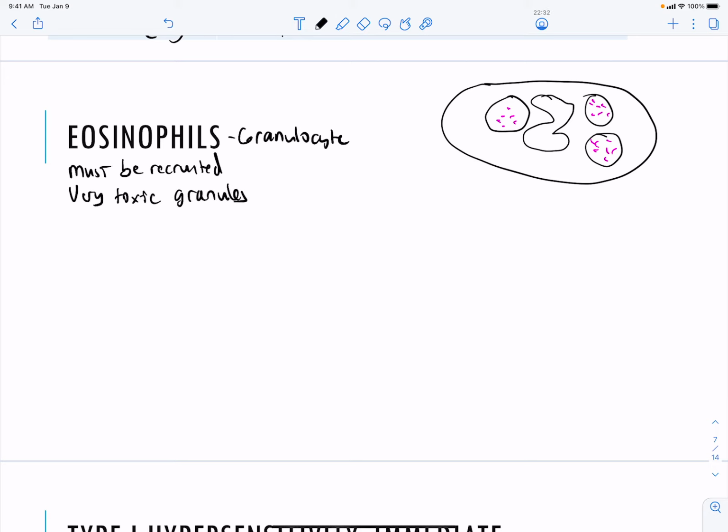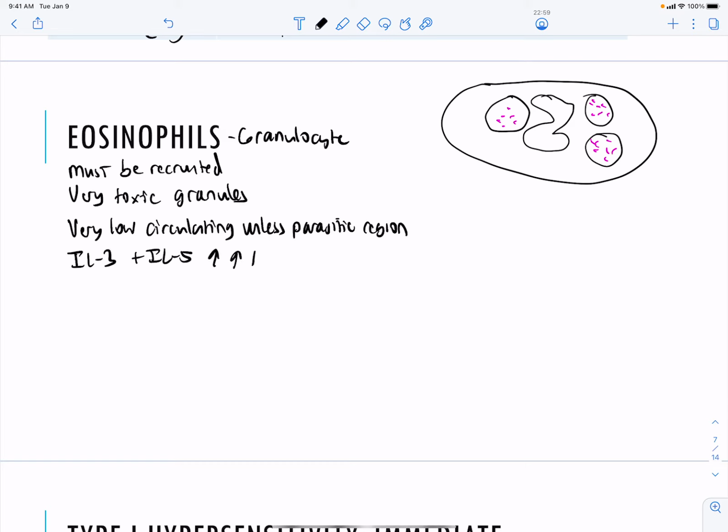They have very low numbers in the blood unless you live in a parasitic endemic region. You have IL-3 and IL-5, which will increase their numbers, and this equals eosinophilia.